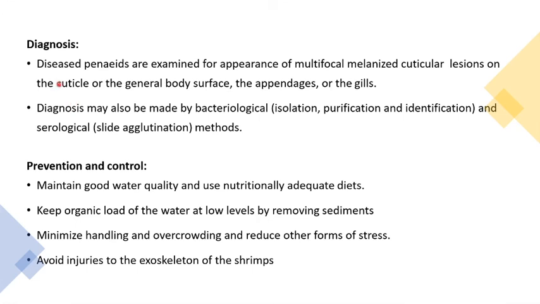Diseased prawns are examined for appearance of multifocal melanized cuticular lesions on the cuticle or on the general body surface, appendages or on the gills. Diagnosis may also be made by bacteriological and serological methods. Prevention and control. Earlier we have discussed the same prevention and control measures, which can be done here also.